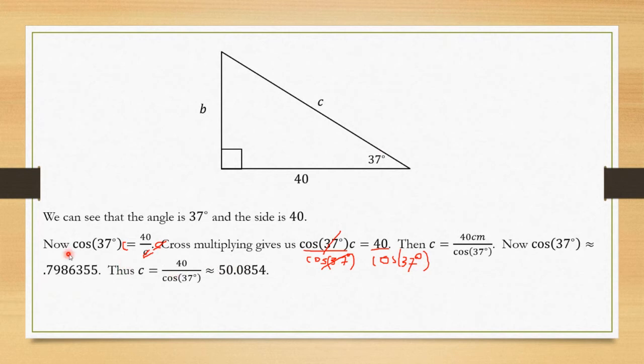Now I'm rounding to 4 decimal places. On a test or something, I'll tell you how many decimal places to round. So I'm using more than 4 decimal places. And therefore, we get C is 40 divided by this, which is this. So that is what we get. Okay, any questions on this one?